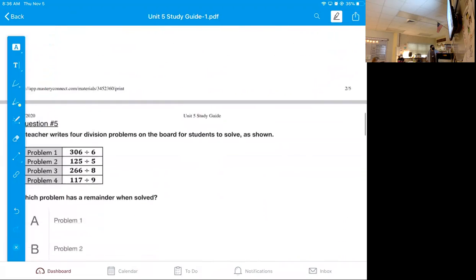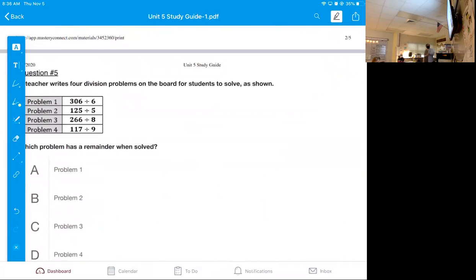Number 5. All right, this one was a little bit more difficult. I had several questions about this one. That was easy. Okay. So what you had to do. It says the teacher writes 4 division problems on the board for students to solve as shown.